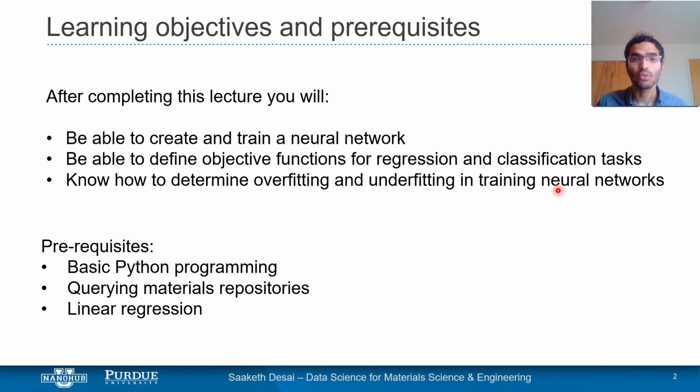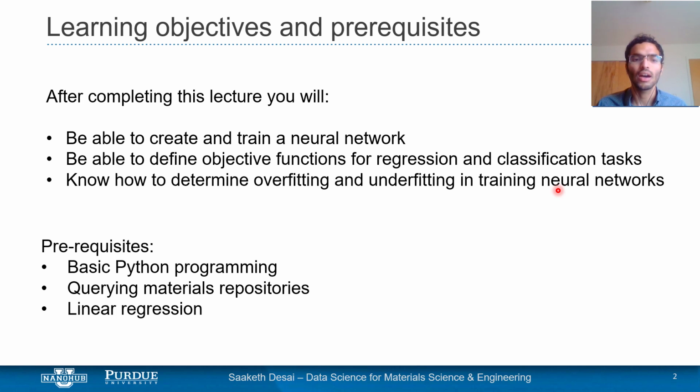The prerequisites for this module and this lecture are a familiarity with basic Python programming, since a lot of the code in the hands-on tutorials is in Python. Some familiarity with querying materials repositories for data is also useful, since the data that we will obtain to train these neural networks will be from various materials repositories, so some understanding of how to perform such queries is also useful.